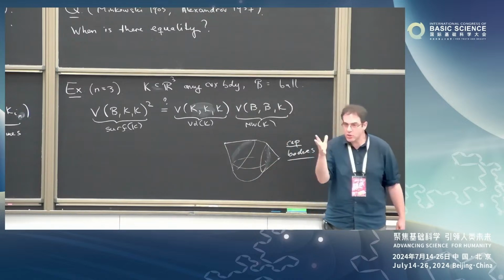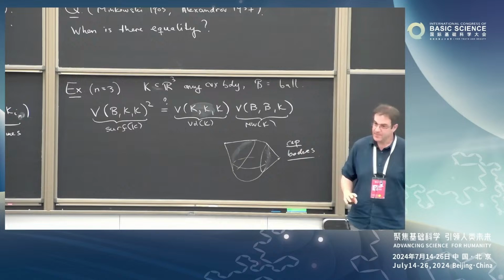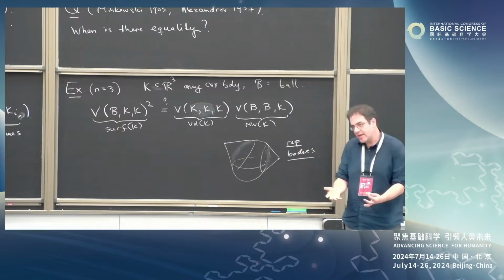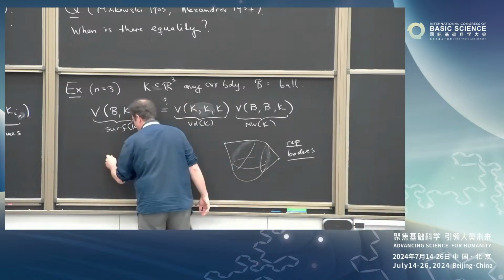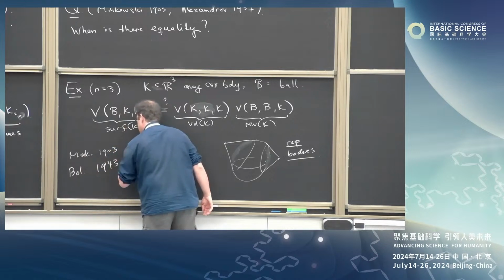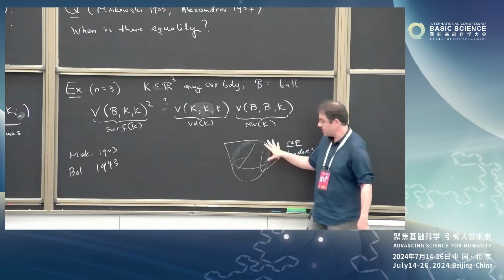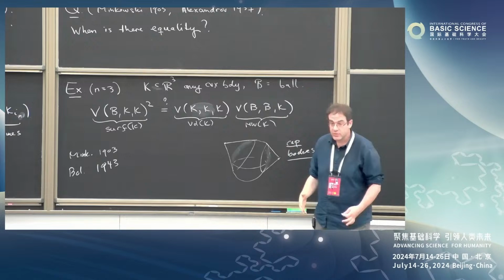It can be shown that these are equality cases, and it was not clear that they are the only ones. In 1908, finally proved by both, for this paper, that these are the only ones. That was what was known.